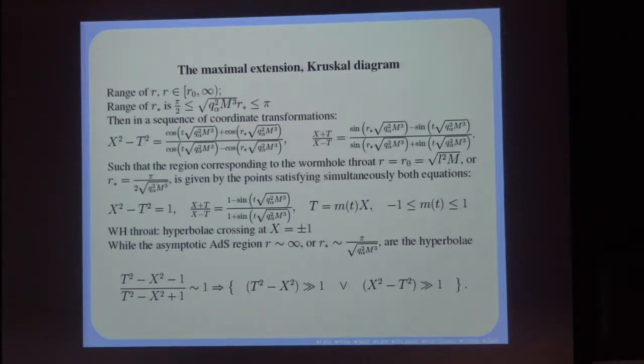And this is the first step when one wants to construct these diagrams: the first one is the Kruskal diagram. This diagram extends space-time beyond the wormhole, and this is the R coordinate, its range is from the wormhole throat to infinity.